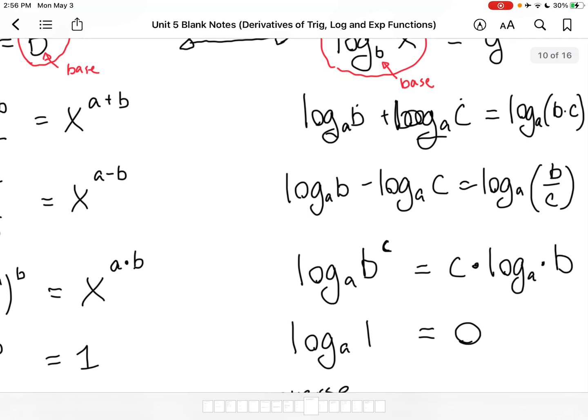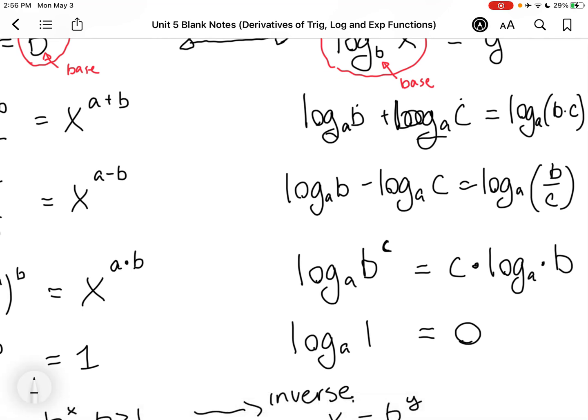And then finally, there's the power rule, where if we take a logarithm of something raised to an exponent, that's equal to that exponent times the logarithm. I did want to remind you of these three laws in particular because we are going to be using those a lot today in the work that we're going to be doing.